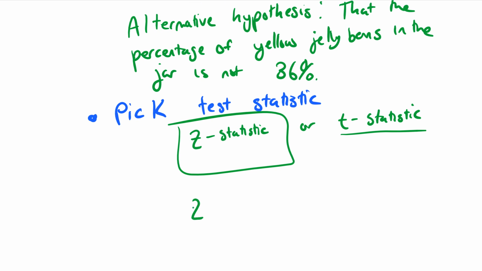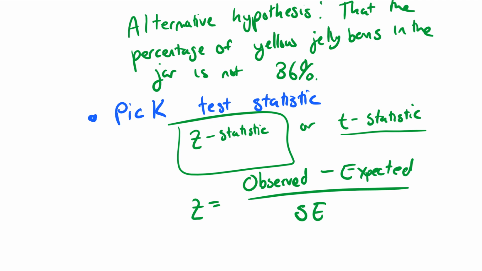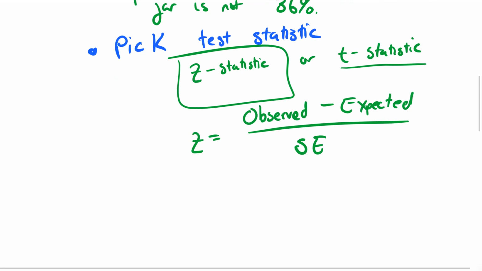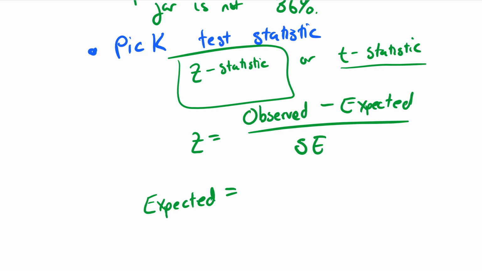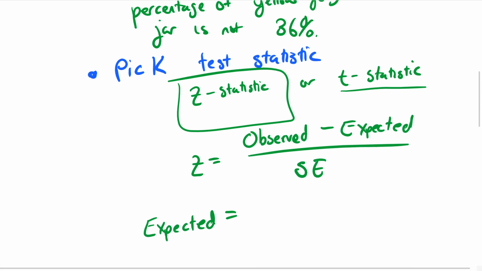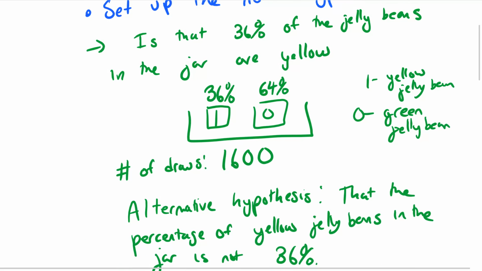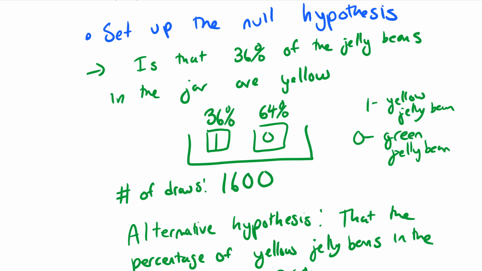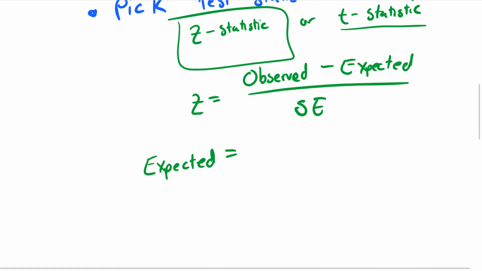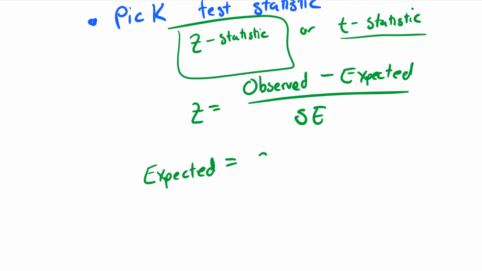The formula for the Z statistic is Z equals the observed value minus the expected value divided by the standard error. So the expected value comes from our null hypothesis. We're going to keep everything in percentages. Our null hypothesis says that 36% of the jelly beans in the jar are yellow. So our expected percentage of jelly beans that are yellow is 36%.